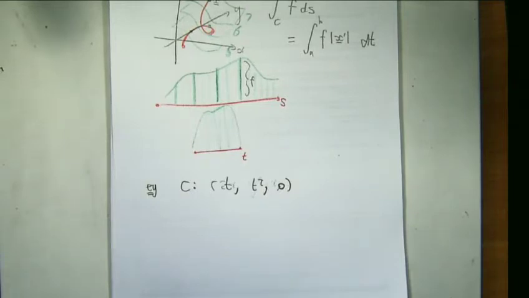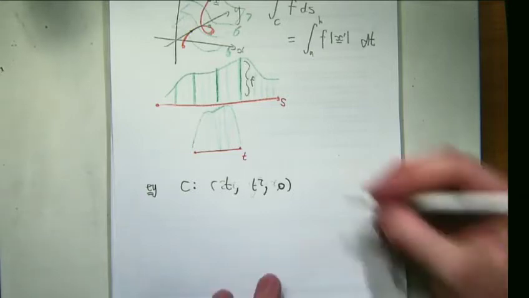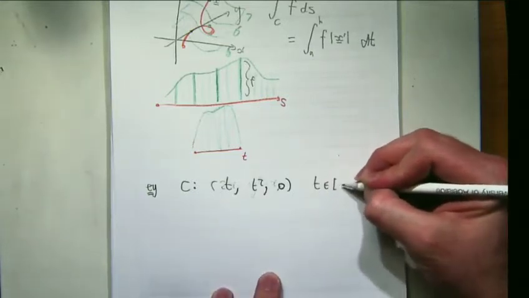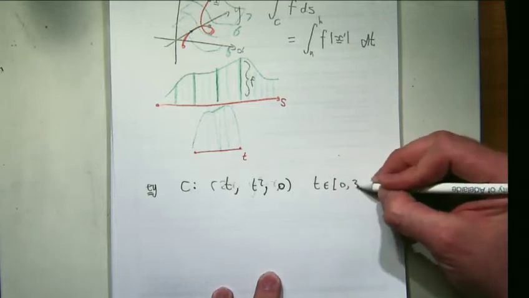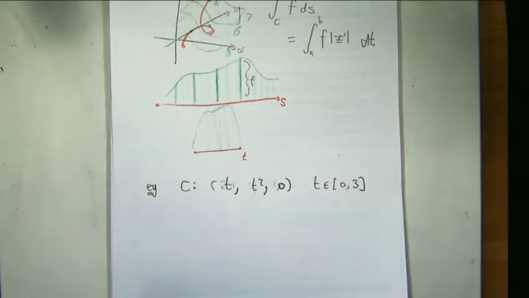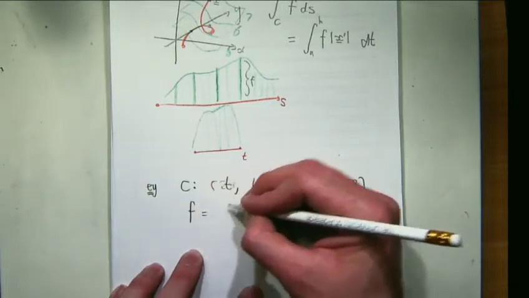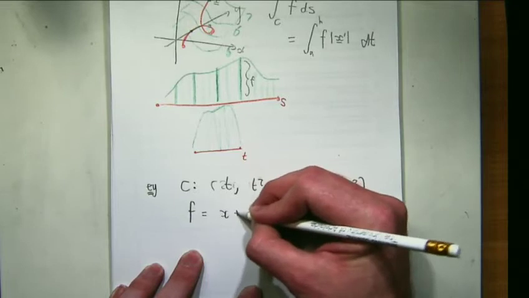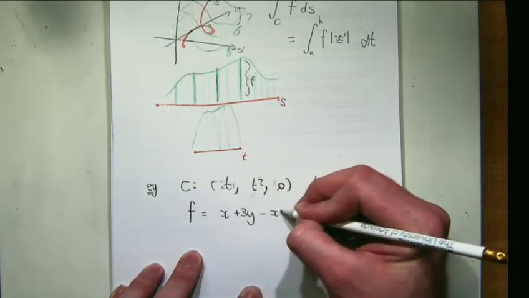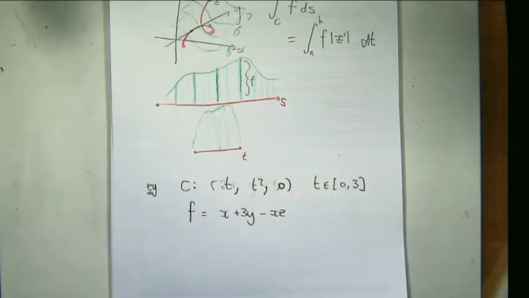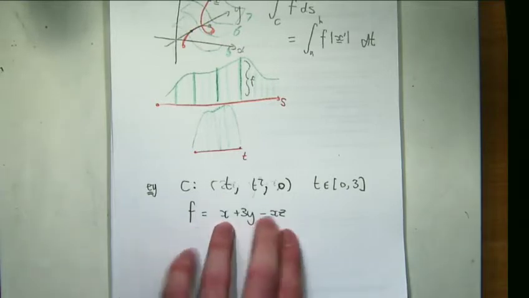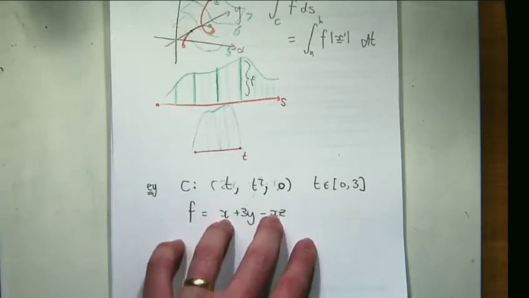Got t squared, 0 just to make it simple. For t between, I don't know, 0 and 3. Okay? And I've got a scalar field something like that. Okay? So remember, your scalar field takes points in 3D, x, y, z, and gives them a number, and this is the number it gives them.